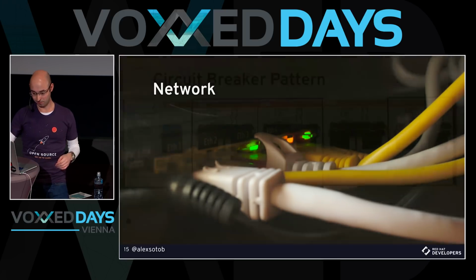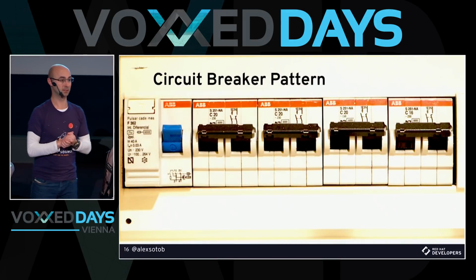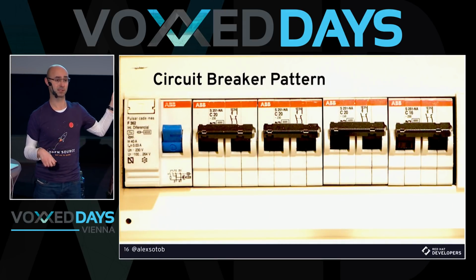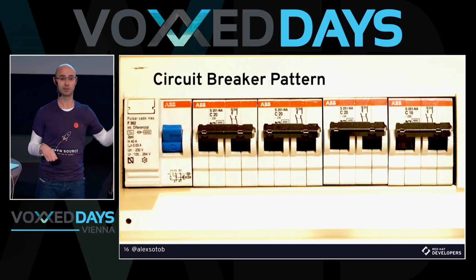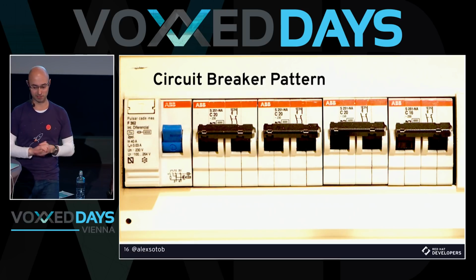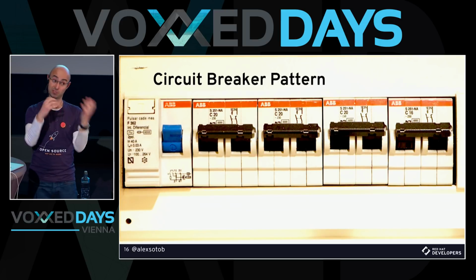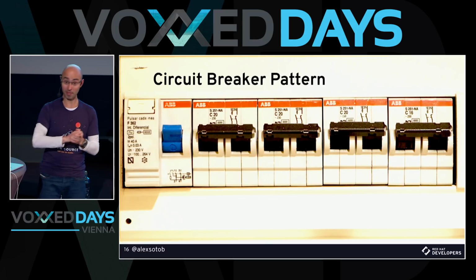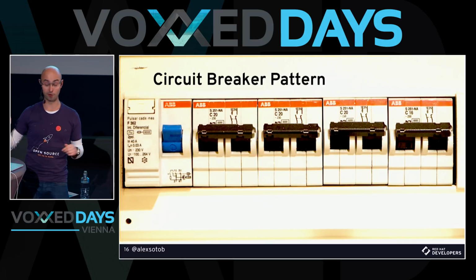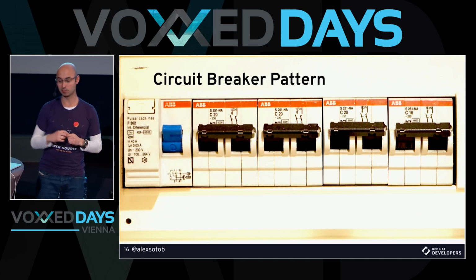And this is basically the well-known circuit breaker pattern. Does everyone know the circuit breaker pattern? Basically, the circuit breaker pattern is a way to wrap a function inside a circuit breaker. And if some error threshold is reached, the circuit is tripped.